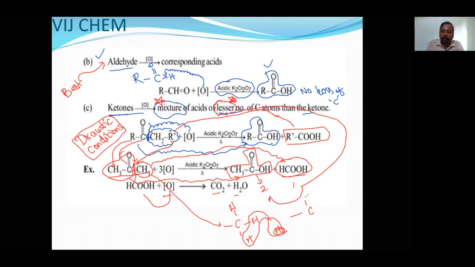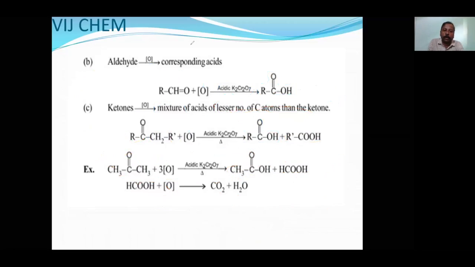Then what will it form? H and OH. After that this will be removed and C double bond O will be formed. As there is only one hydrogen, therefore it will be HCOOH. So this is about the aldehyde and ketone. I think it is clear to all of you now. If you have any doubt, you can ask. Otherwise, we will go to the next slide.